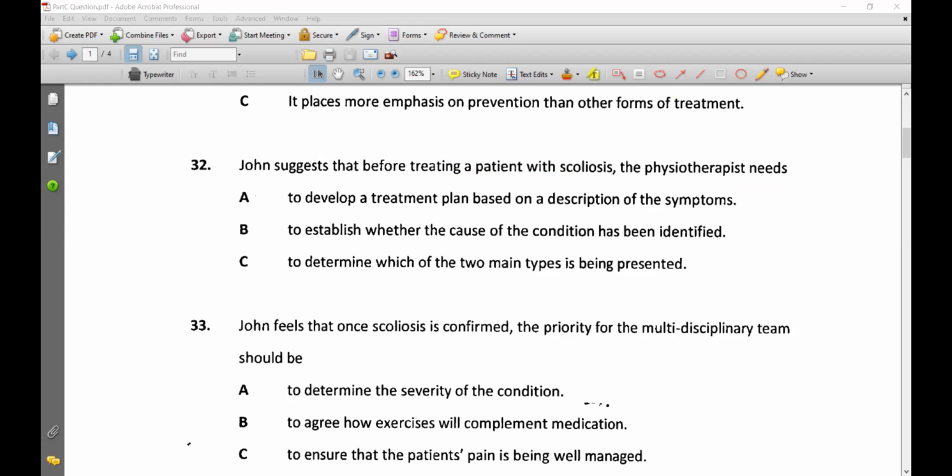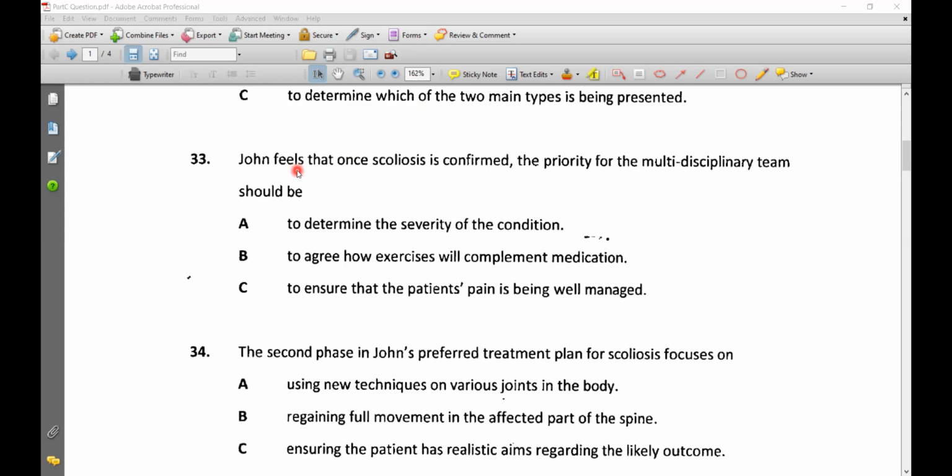Then the third question says, John feels that once scoliosis is confirmed, see how clear the stages are. Once scoliosis is confirmed, the priority for the multidisciplinary team should be. So once the diagnosis is confirmed, what should be the priority of the team?